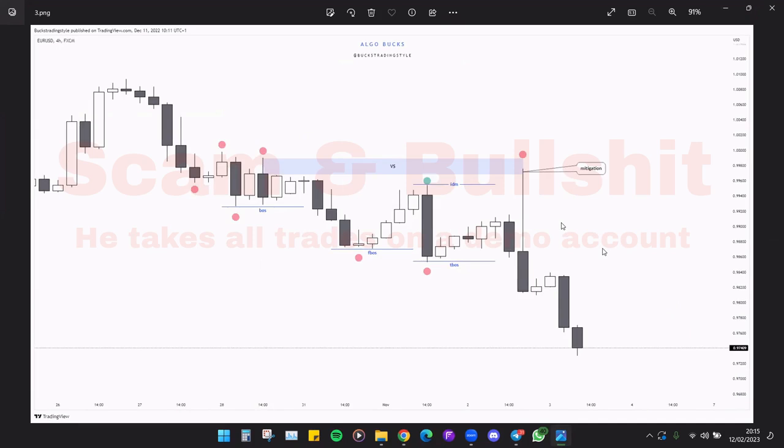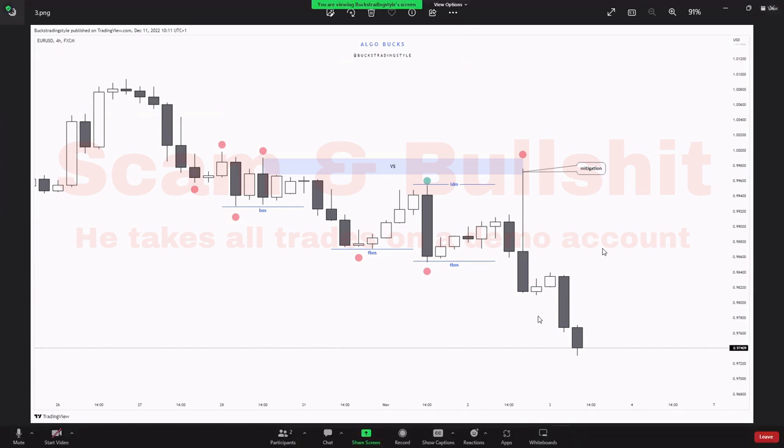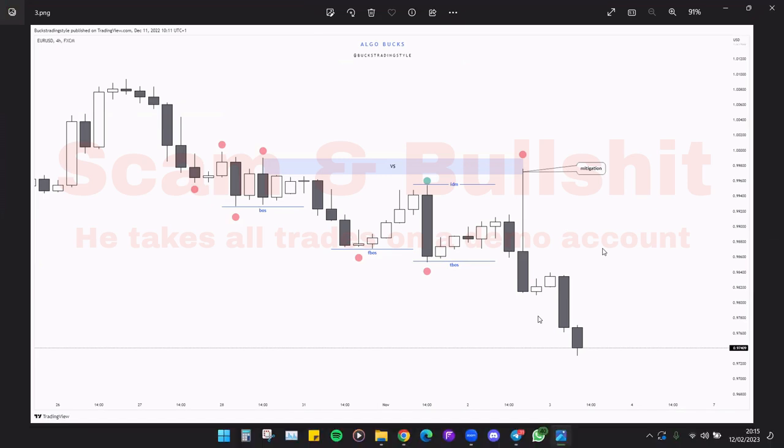Now let's look at this. What we have right here is one of these external structure points. Price came all the way down, came up, came down to this point. So this becomes our fake break of structure. This becomes our ILQ.